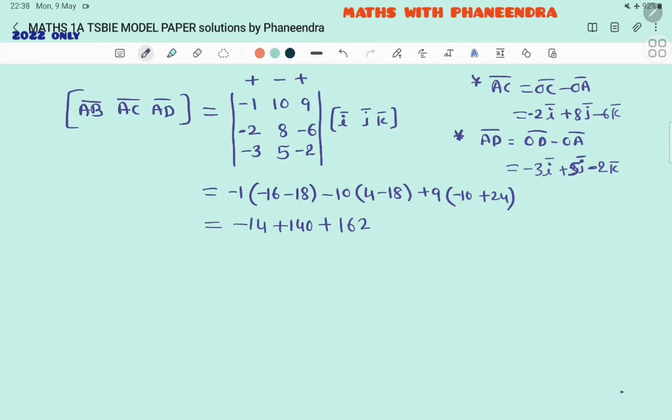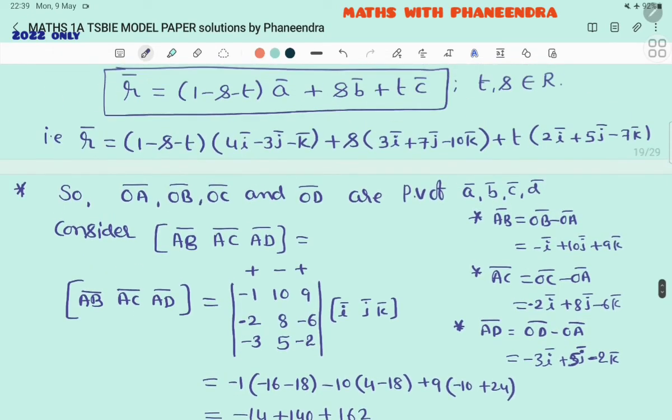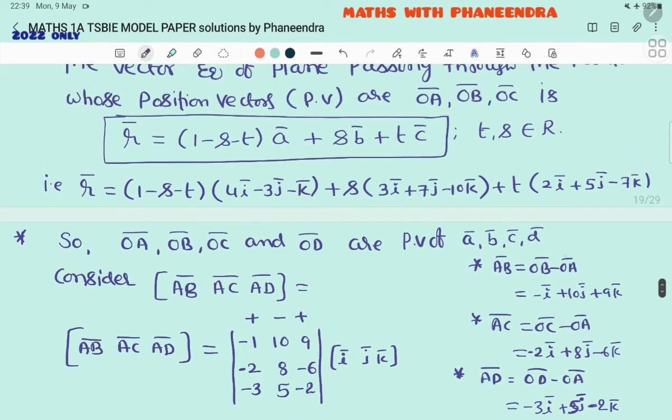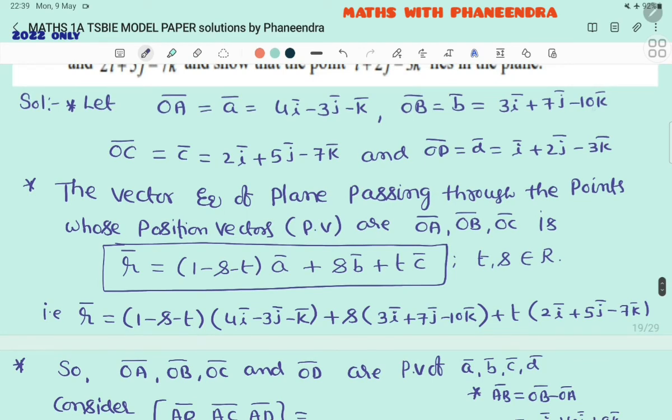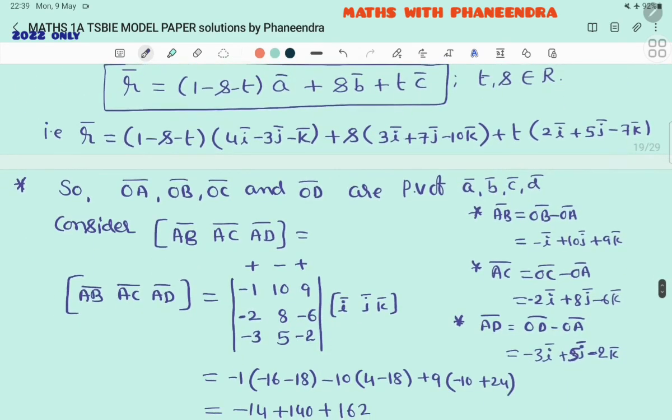Next here, 24 minus 10 is 14, 14 into 9. So plus 24 once again, 9 into, here also minus 9. I'm very sorry. So here OB minus OA means minus 10k plus k means minus 9.